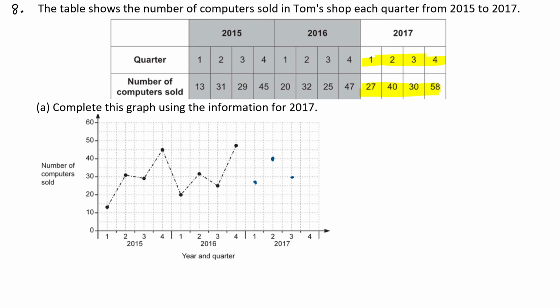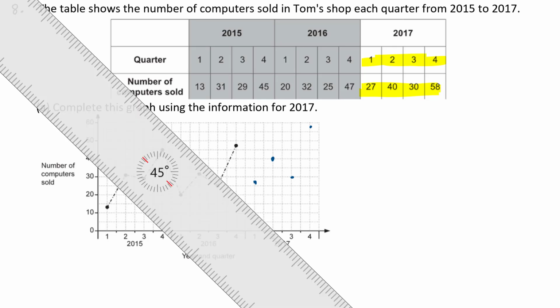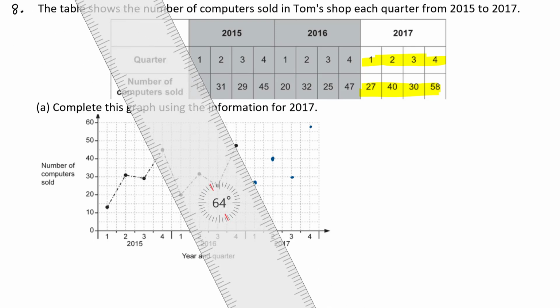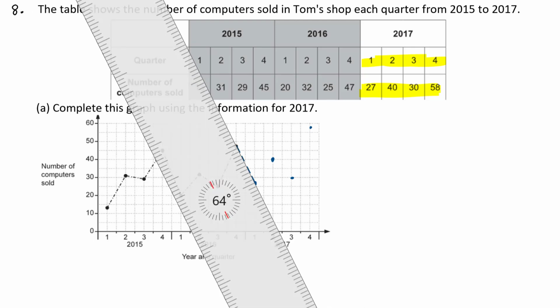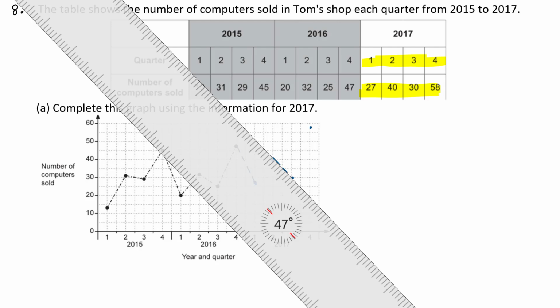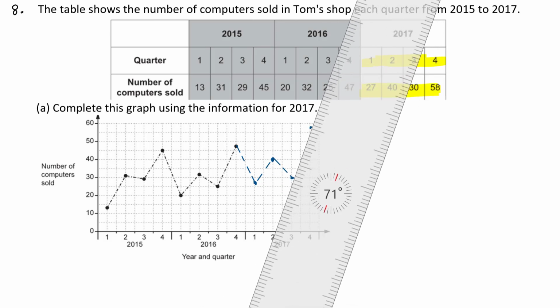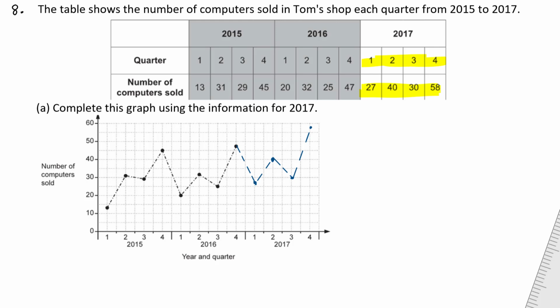So that's going to be halfway between 55 and 60, maybe slightly closer to the 60 than to the 55. I'm going to put it there. Okay. So once I've got all of those points plotted, I'm just going to follow the same pattern as before. Going to join them with a dotted line. Okay, that would do. Good job.